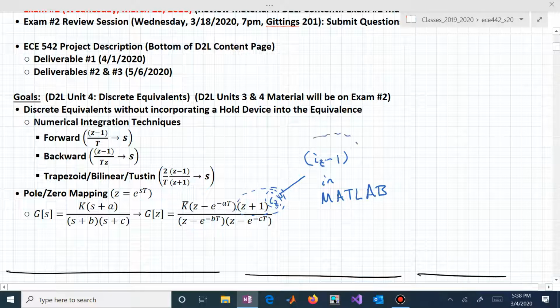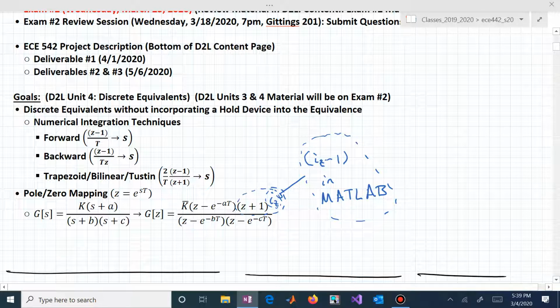So that exponent that is being used to raise this z plus 1 factor varies depending on what we want to do, whether we do it in MATLAB or we want to account for some kind of computational time in our implementation process.